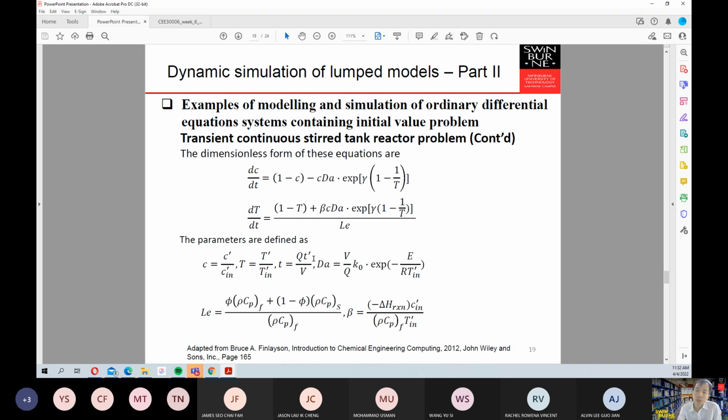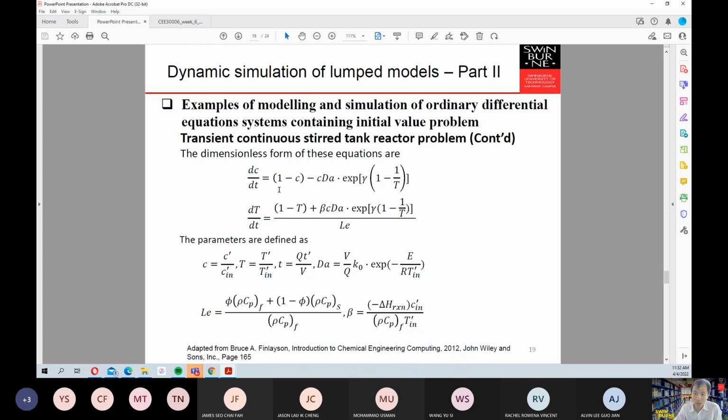We can make our life simple by coming up with the dimensionless forms. I know that probably you will not agree with me that changing to dimensionless makes life simple, but for the sake of explanation and interpretation, it's very simple according to many chemical engineers.